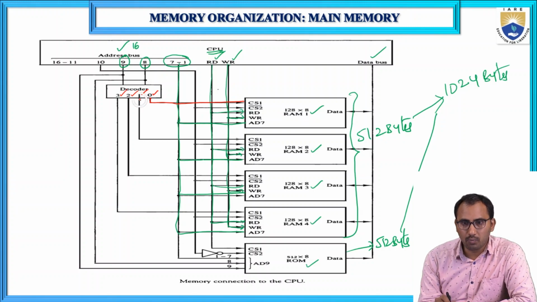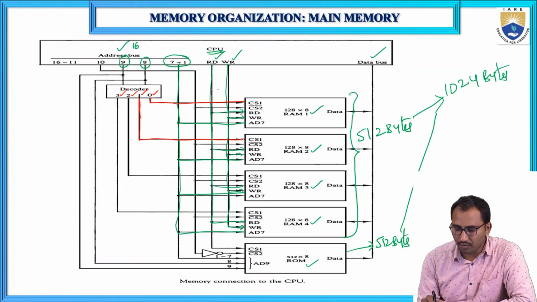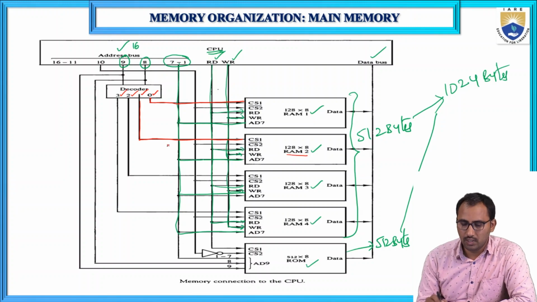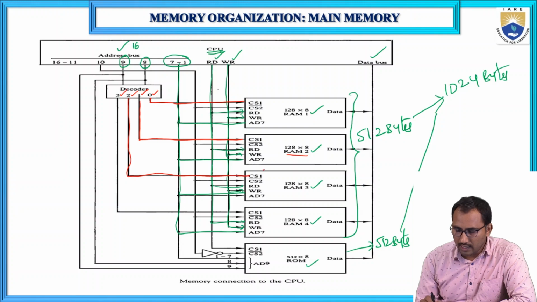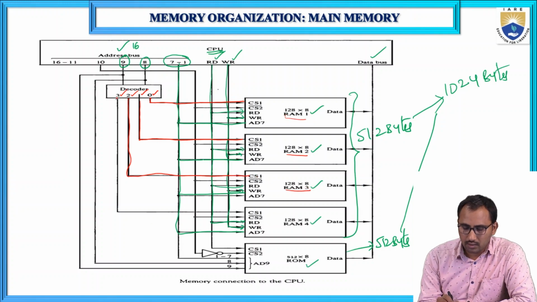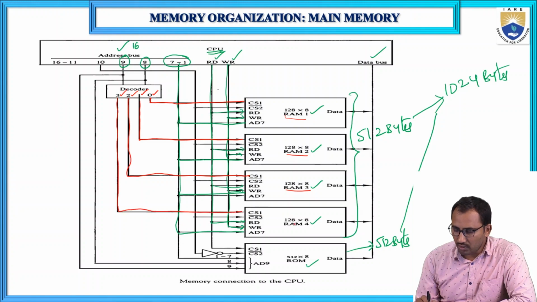Similarly, the 1 output of the decoder we give to the CS1 of RAM 2. The 2 output of the decoder goes to the CS1 of the third RAM. The third output of the decoder goes to the CS1 of RAM 4.